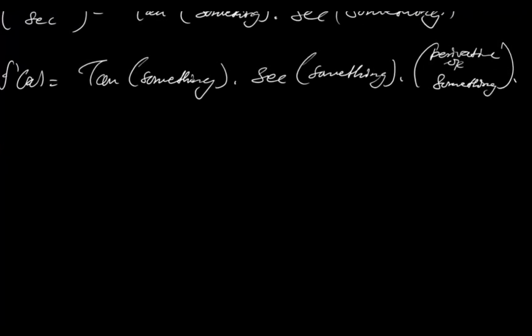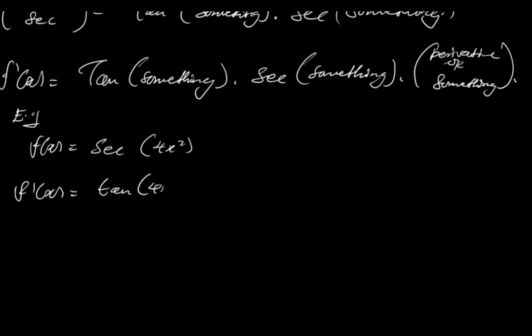So, suppose we have an example given f of x equal to sec of 4x squared. It implies that f prime of x will be equal to tan of 4x squared sec of 4x squared times the derivative of 4x squared, which would be 8x.